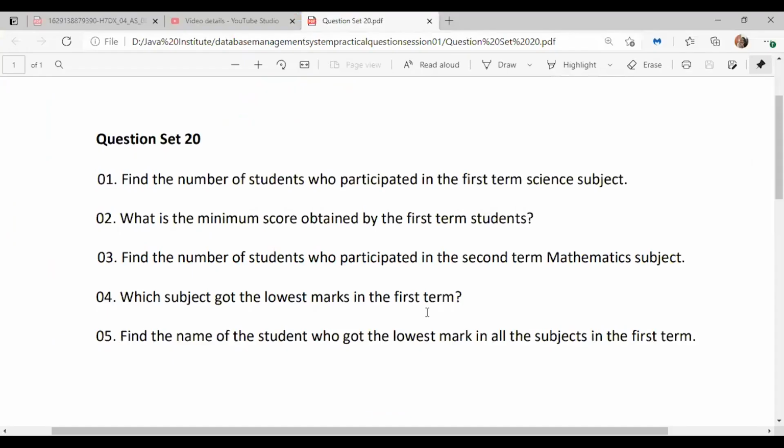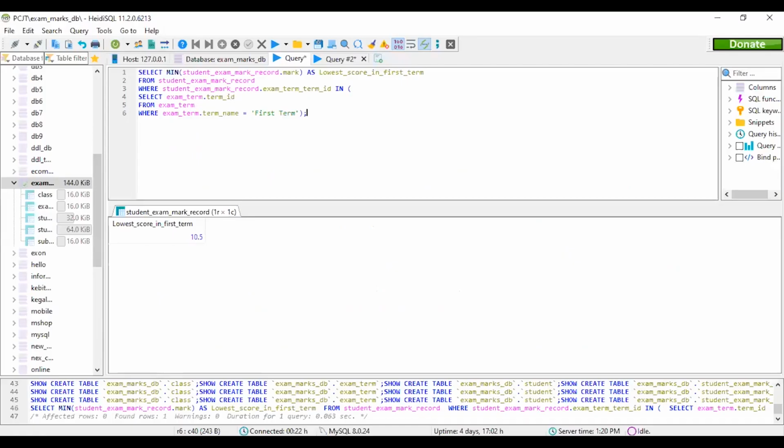And the third question says, find the number of students who participated in the second term mathematics subject. So let's write this query now.